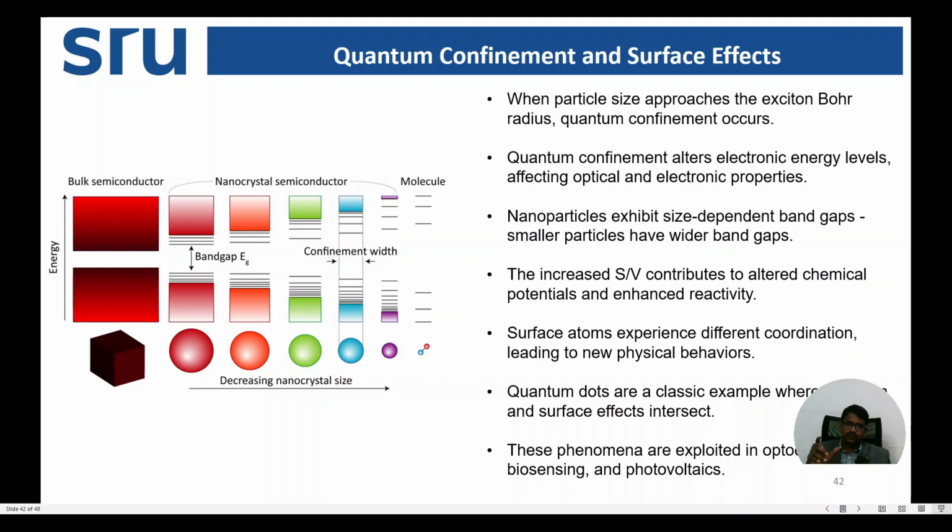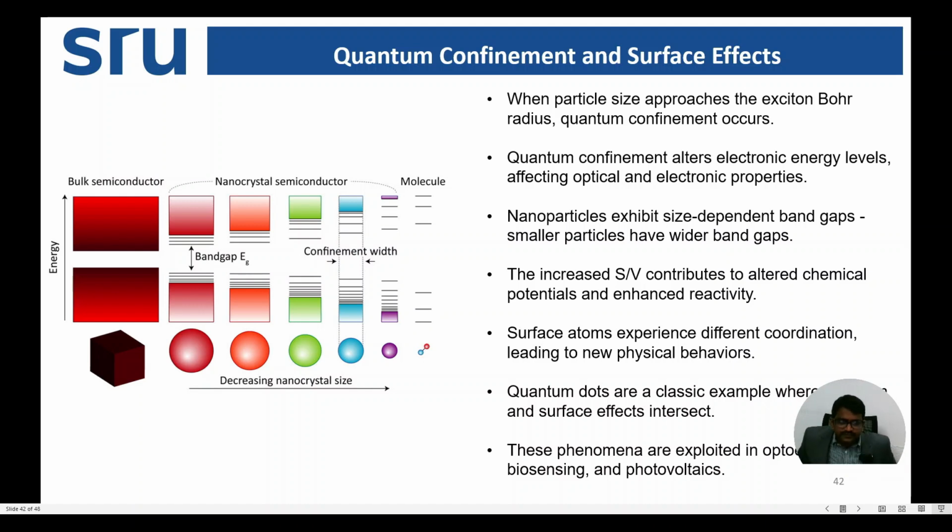Only when the particle size approaches the exciton Bohr radius can we see this effect. So it is observed only in such small nanoparticles. Quantum confinement alters electronic energy levels, affecting optical and electronic properties.